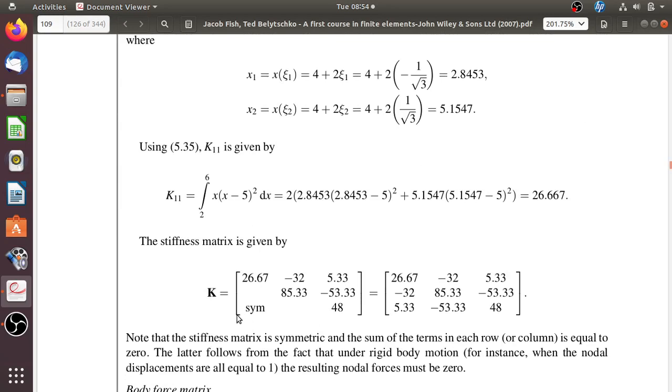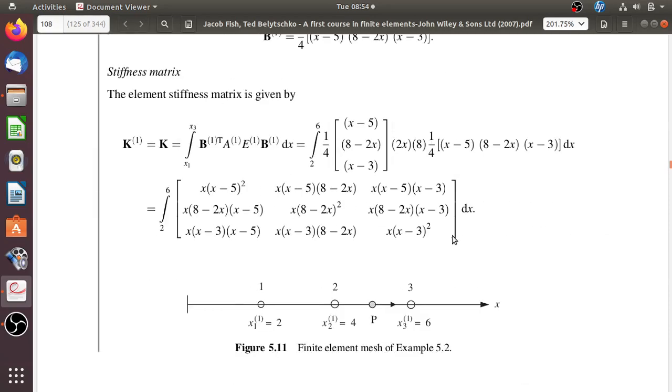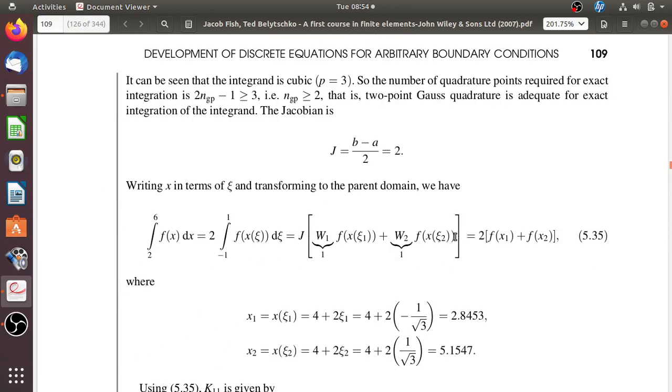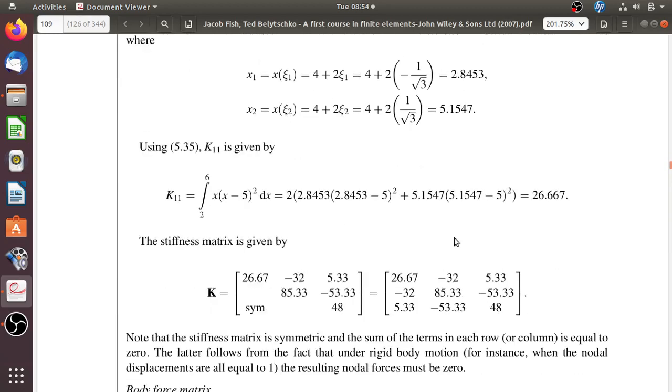It's a symmetric matrix, and remember the stiffness matrix is always symmetric. If it's not symmetric, then you could check, there might be some problem and you could verify it. But one more thing, the stiffness matrix for an advection problem will not be symmetric.